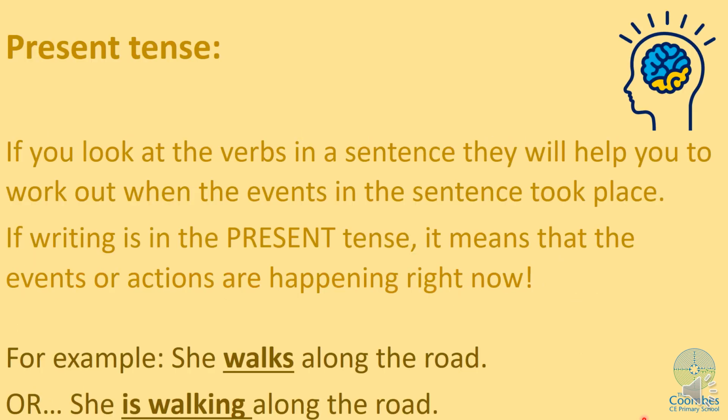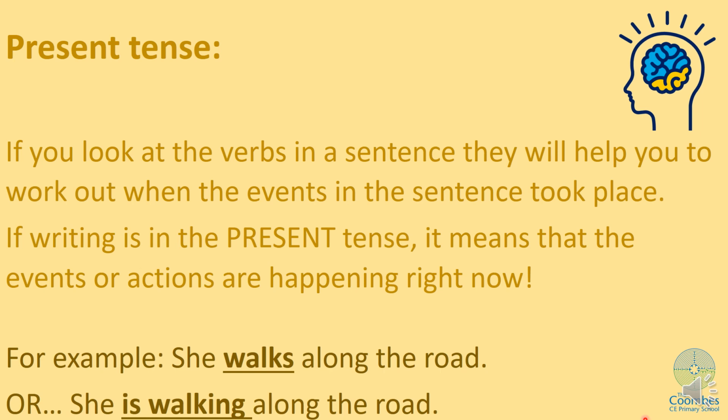Some background knowledge for you. Present tense. Now, if you look at the verbs in a sentence, they will help you to work out when the events in the sentence took place. If writing is in the present tense, it means that the events or actions are happening right now.